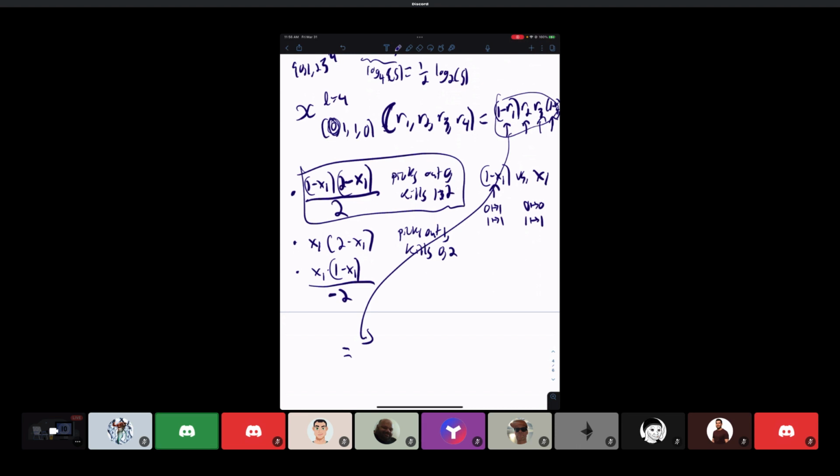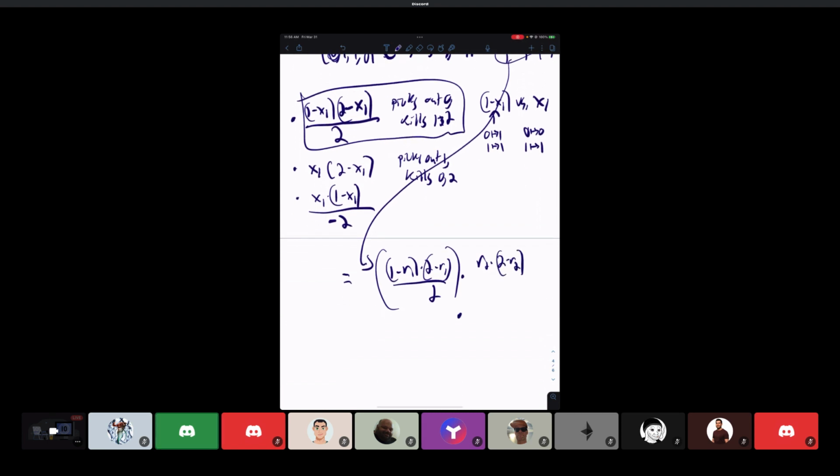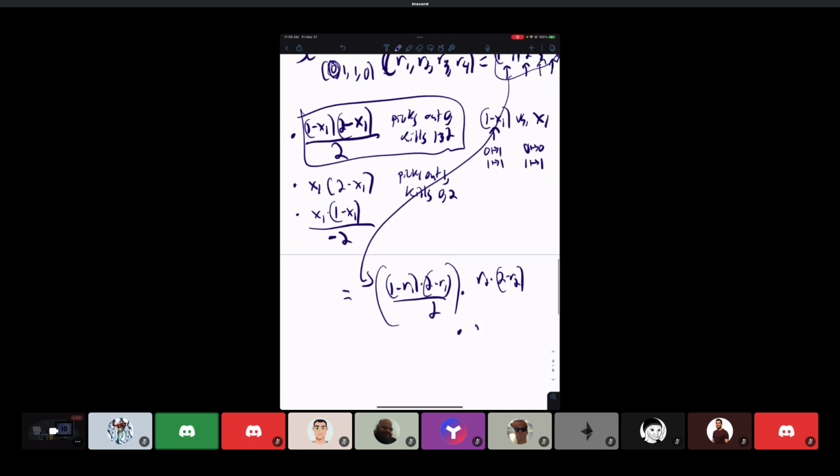So first we want to pick out 0. So we'd have 1 minus R1 times 2 minus R1 over 2. Then we want to pick out 1. So we'd have R2 times 2 minus R2. Then we want to pick out 1 again for the third variable.